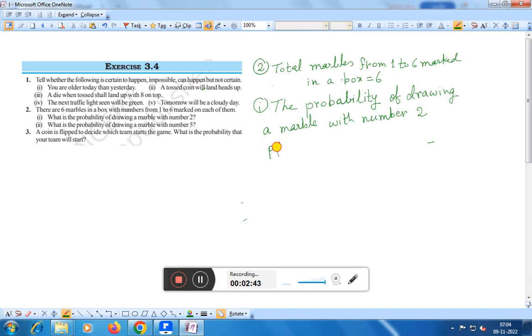P represents probability, drawing a marble with 2.